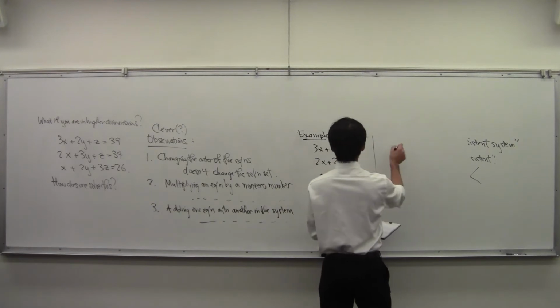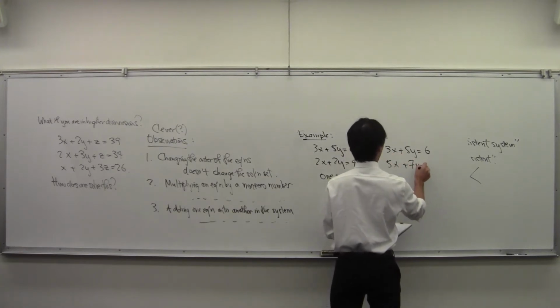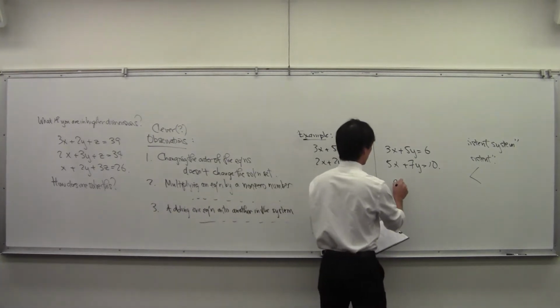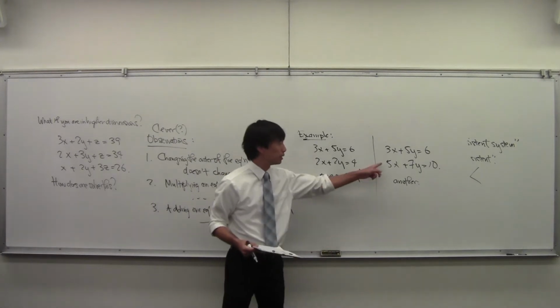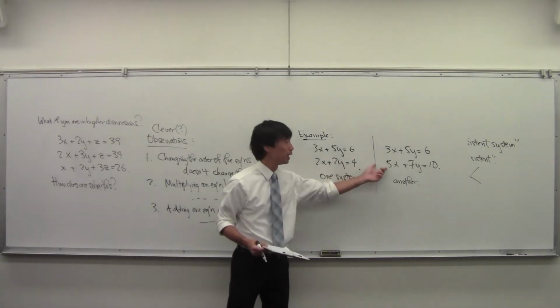And then you say, okay, I'm going to keep the same first equation, but I'm going to add the first to the second. And here's another. So is this the same line as this line? No, it's not, right? It's not the same line.